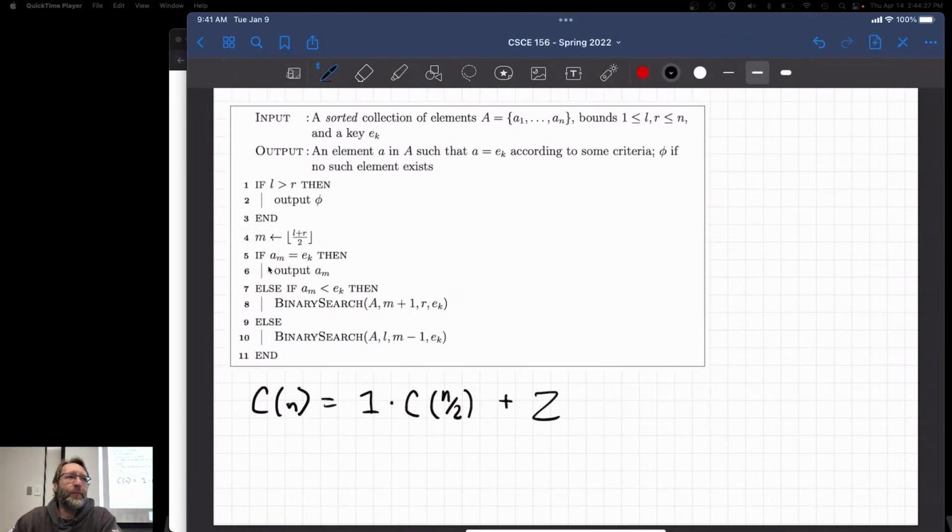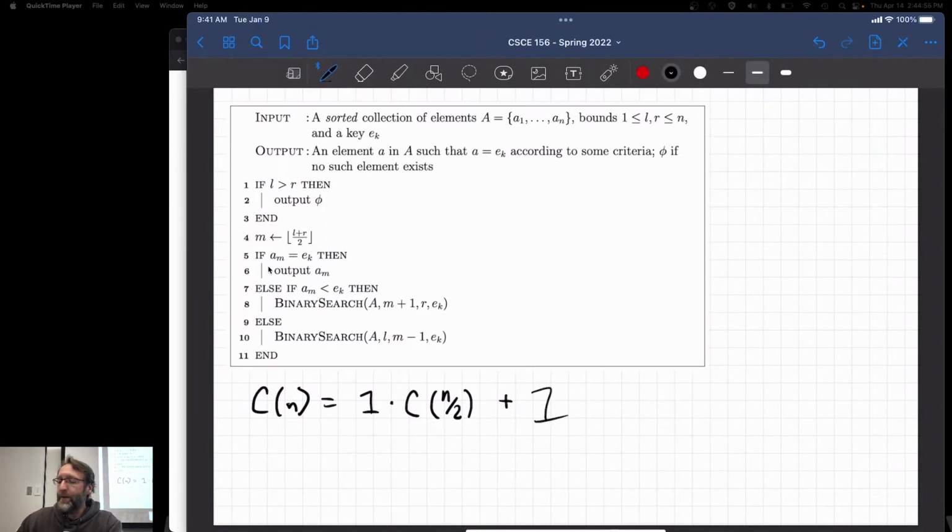In practice, that's going to be a call to a comparator function that gives you something negative, positive, or 0 depending on the relative ordering of things. That's my elementary operation, the call to that comparator function. Once I've got that negative, positive, or 0, the actual integer comparison is necessary for the control structure of the algorithm. Who cares? It doesn't really matter. We're going to come up with the same analysis. 2, 1, it doesn't matter.